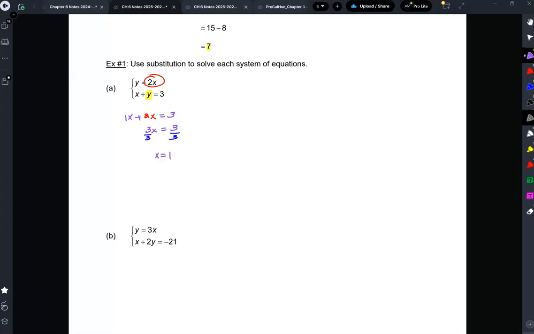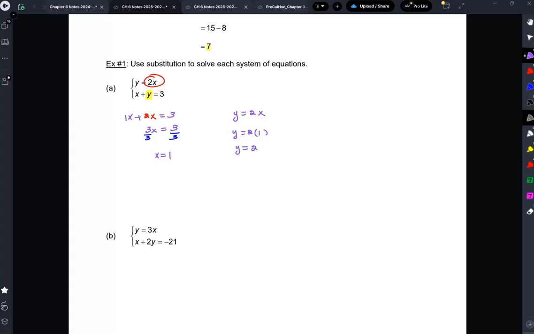Great. Now I need to solve for y. To do that, I'm going to have to take this and go back to my original problem and substitute it into one of those. I have x. I want to find y. Here is my equation for y. Y equals 2x. So now y equals 2 times what? 1.